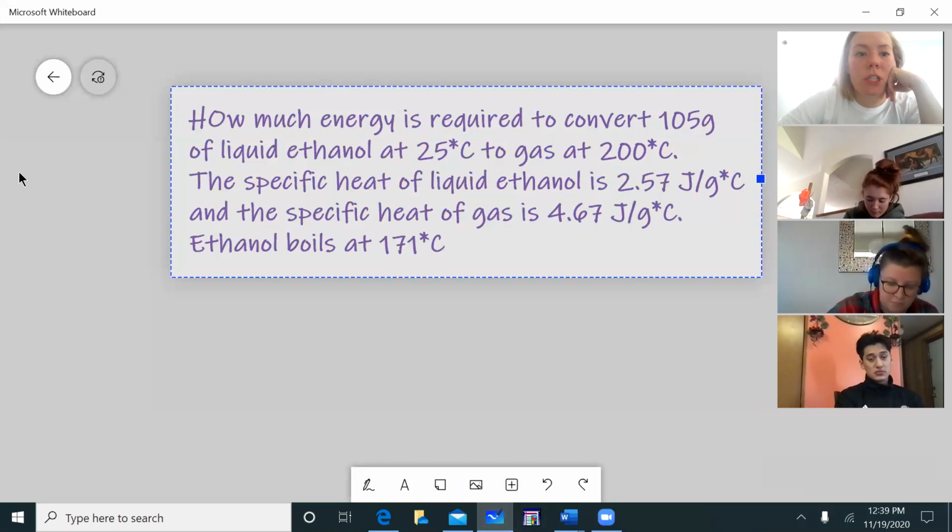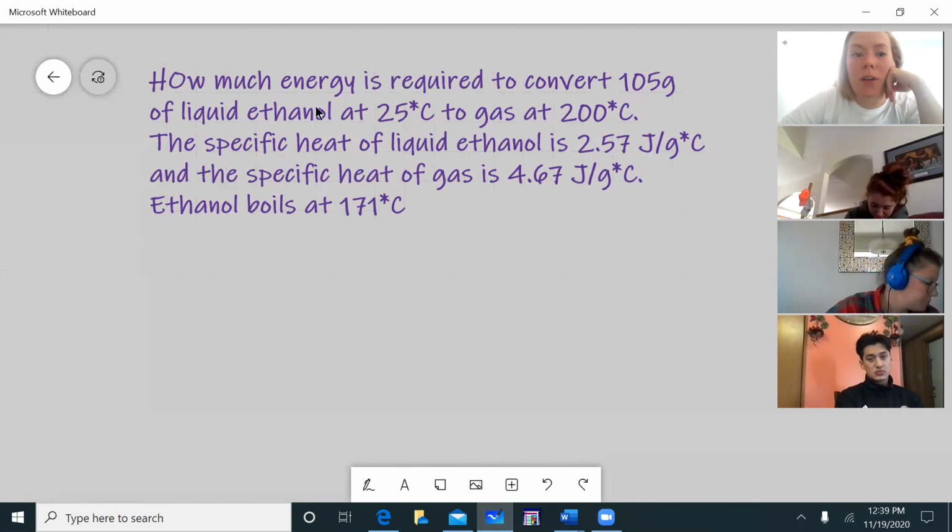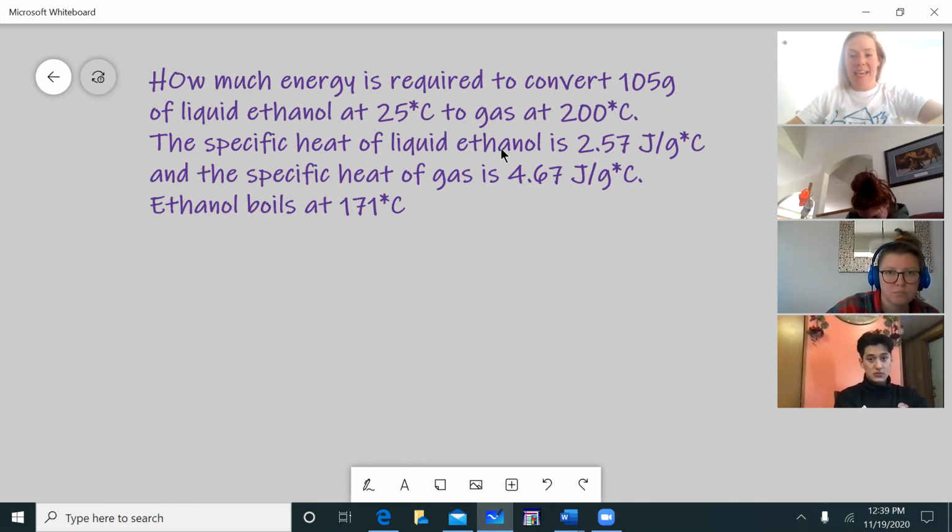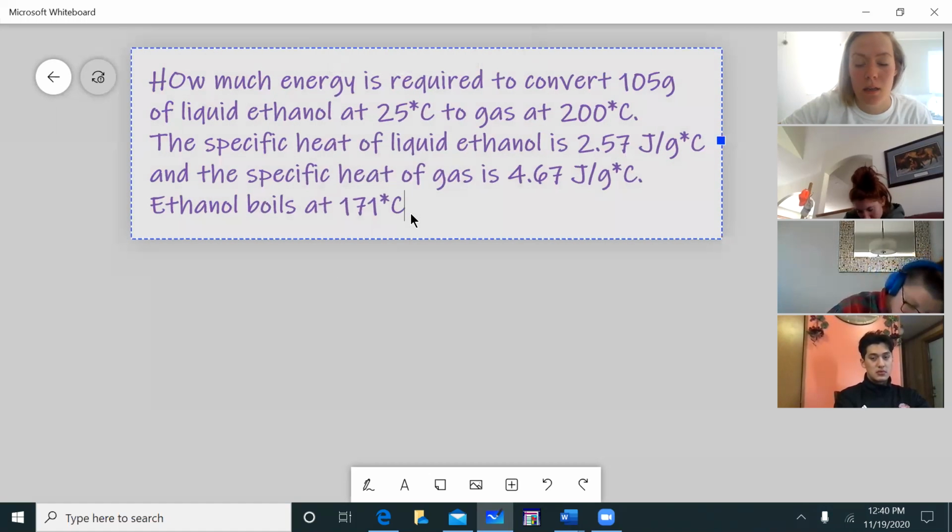It says, how much energy is required to convert 105 grams of liquid ethanol at 25 degrees Celsius to gas at 200 degrees Celsius? The specific heat of the liquid ethanol is 2.57 joules per gram degree C, and the specific heat of gaseous ethanol is 4.67 joules per gram degree C. Ethanol boils at 171 degrees C.